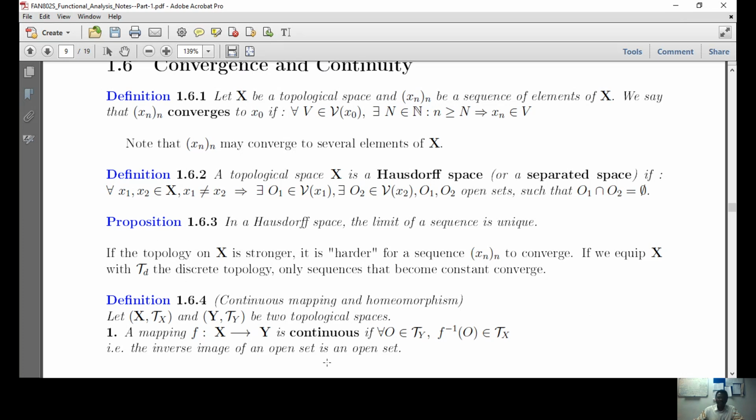Okay, now the topology of R. Let me quickly share a new slide with you and show that R is Hausdorff.